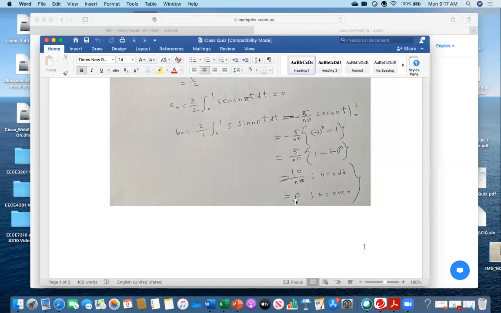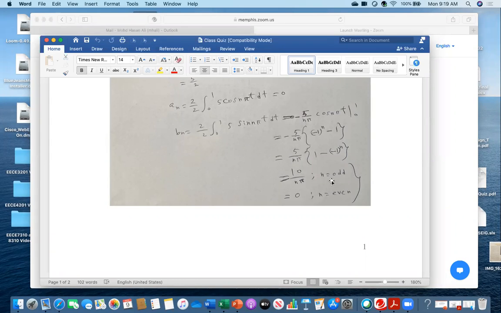That's why I have written that Vn is 0 when n is even. And if you look, the n value is 1, 3, 5, then always you will be getting minus on here, right? Therefore, this minus on minus, it will be plus. So 1 plus 1, it will be 2. So then it will be 10 over n. Did you get this one?